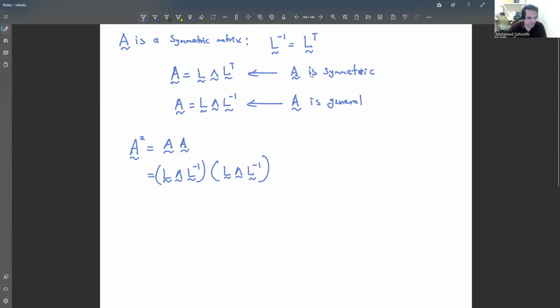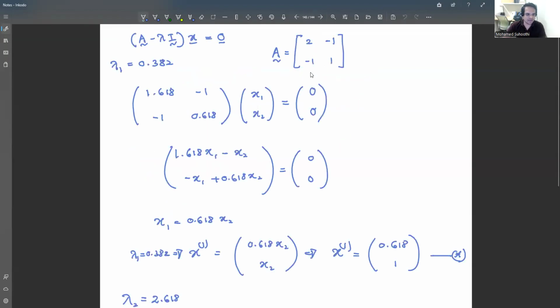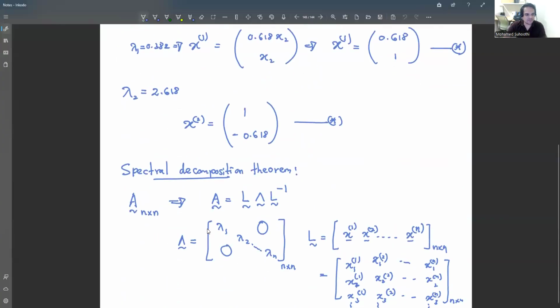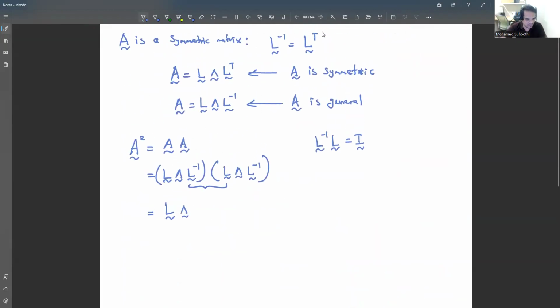When you multiply, L inverse into L is the identity matrix. So you get L Lambda into Lambda. Lambda is a diagonal matrix, so Lambda into Lambda simply gives Lambda squared along the diagonal, and everything else is zero. Then L inverse.